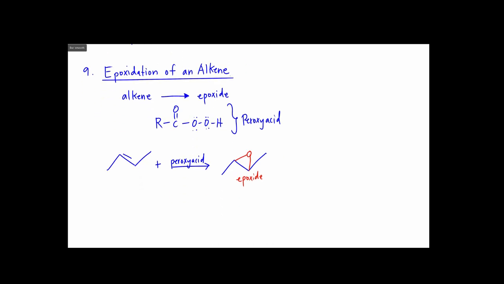Now, one of the most common peroxy acids is something called MCPBA.